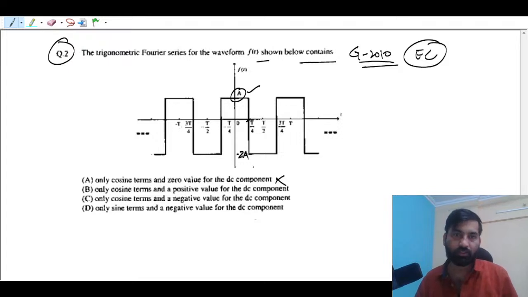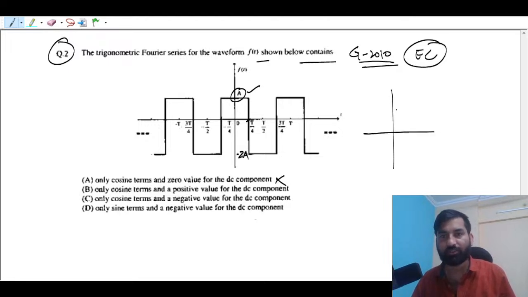So if you add plus A, then this will become 2A and this will be A and this is A, right? So positive A or minus, what you have to subtract, that is the question. So that also you have to decide. And the last, only cosine term with a negative value of the DC.